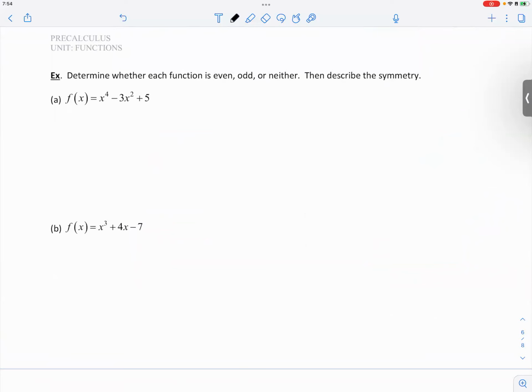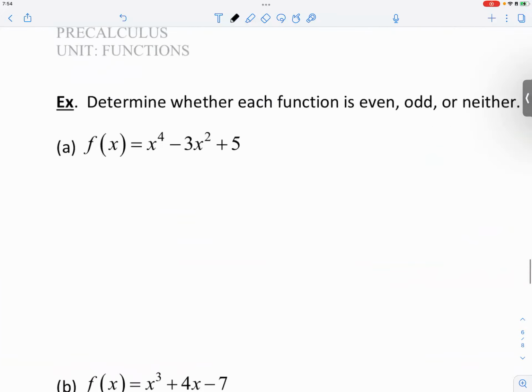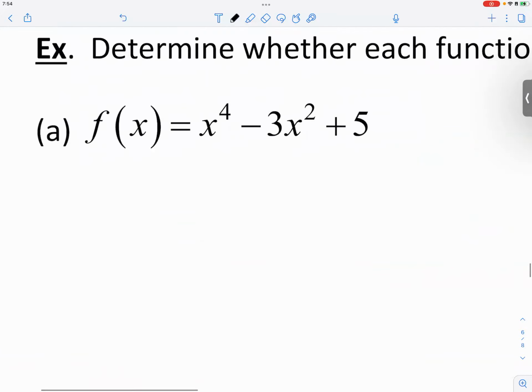If you look below the questions, you see these two questions? The dumb mistake that I made was this. I look at this question, or something like this, and I would be like, okay, I know what it is. Even function. And then my teacher would say, no, you're wrong.